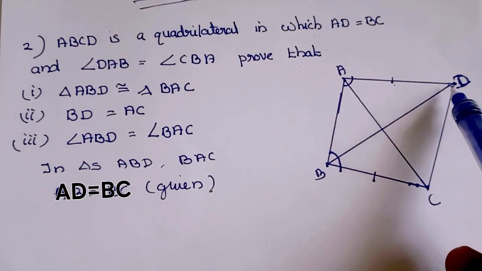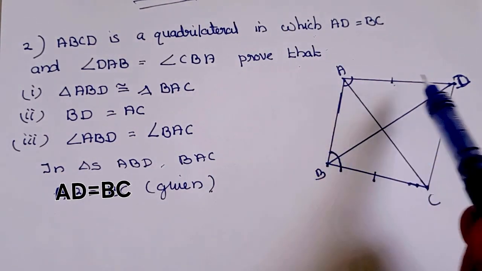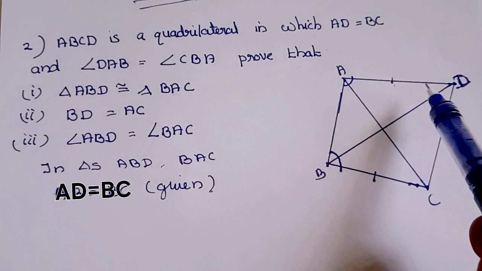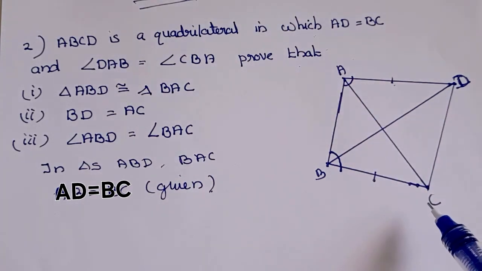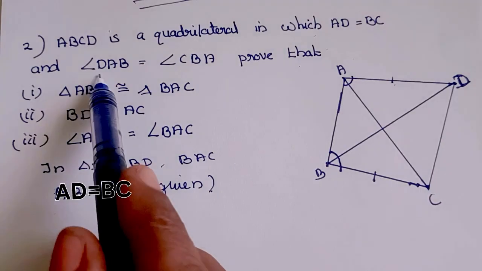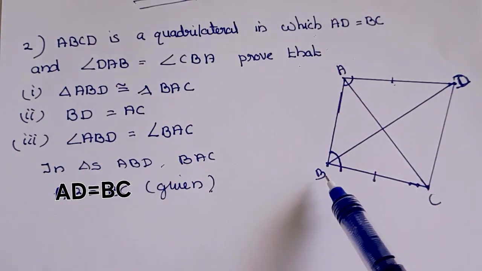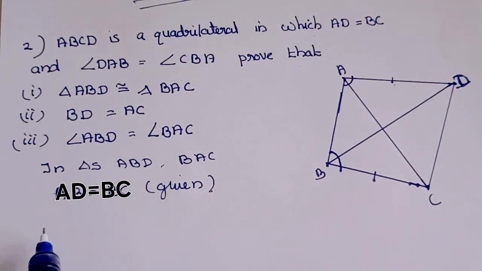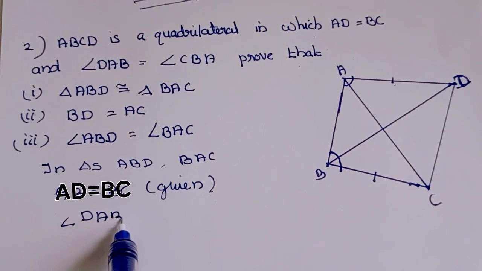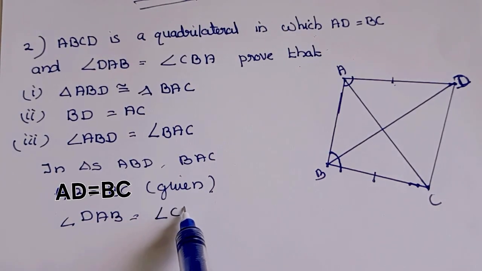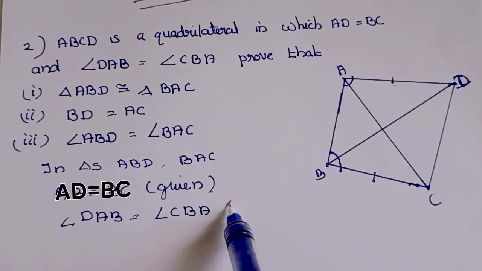Now, angle BAD or DAB. Angle DAB equal to angle CBA, reason given, isn't it? Angle DAB equal to angle CBA, reason given.